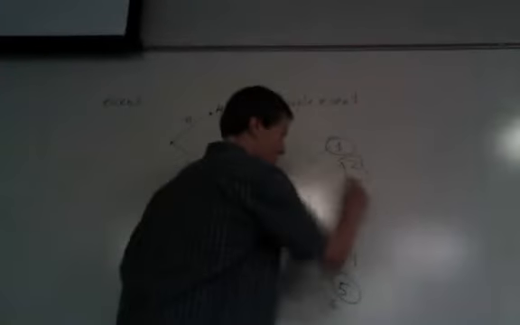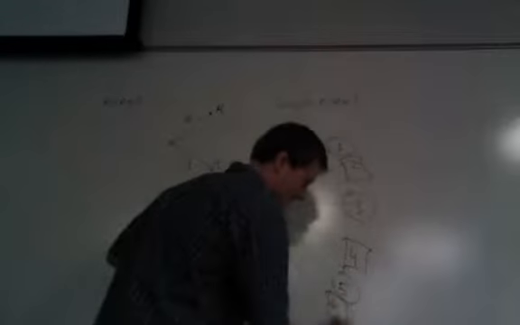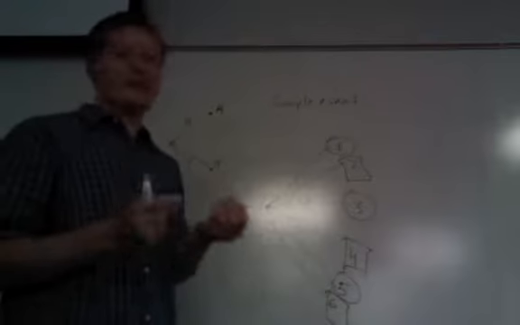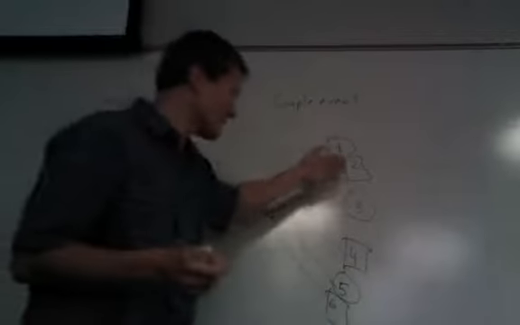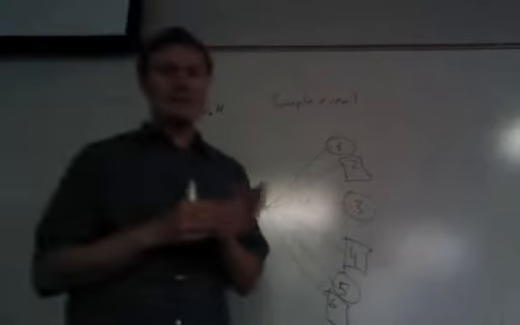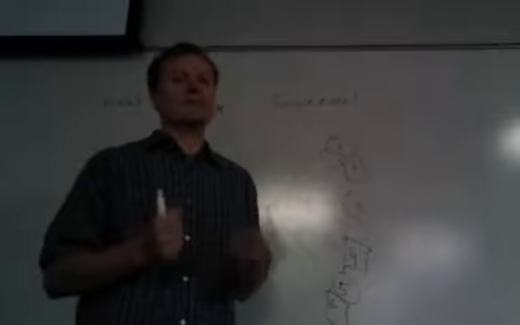A different event would be getting even numbers. So that's a different event. So even though there are 6 possible simple events, there are really only 2 events. We can define an event to be whatever we want to. With a simple event, we're just restricted to what it is, depending on how many outcomes there are. But an event we can define. So that's the difference between a simple event and an event.